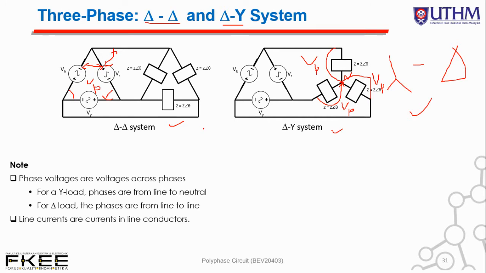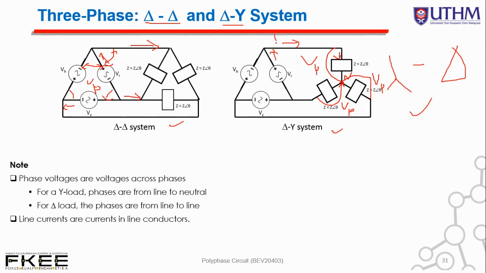Line currents are currents in the line conductors. This current here travels to the right side of the system, the load, for example. Similarly, here we have another current flowing throughout the line.